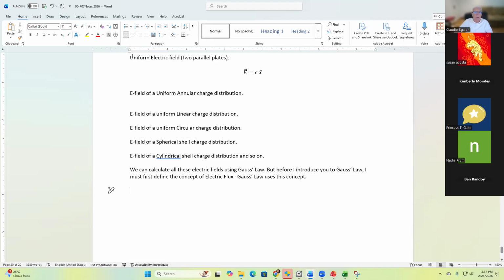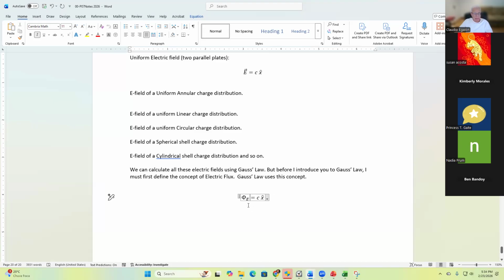Okay, so here you go. Oh, first, let me give you the definition, right? The electric flux is a scalar quantity. We represent it by this big phi equation.